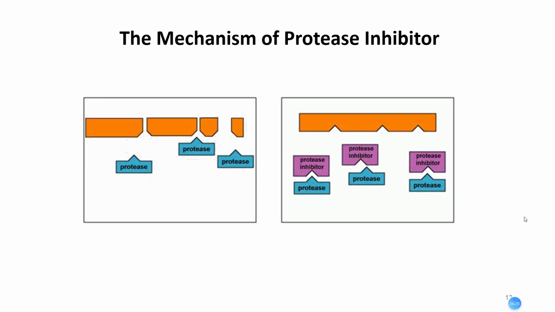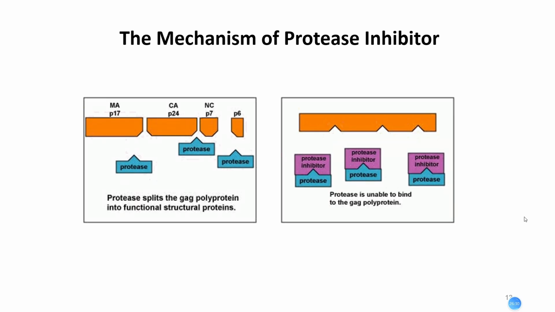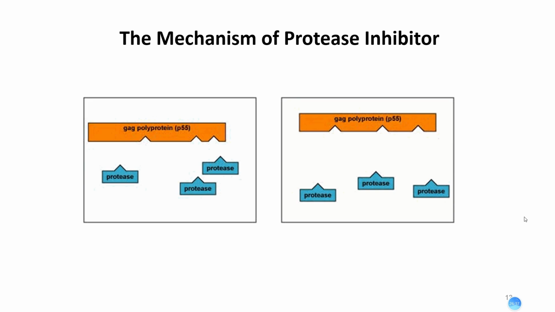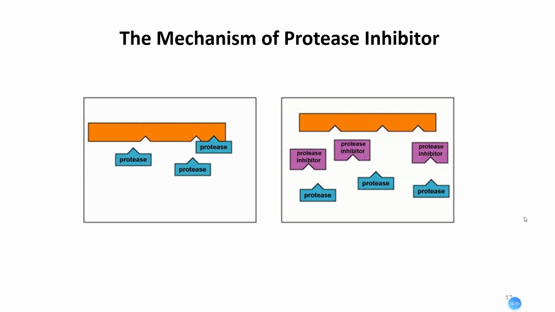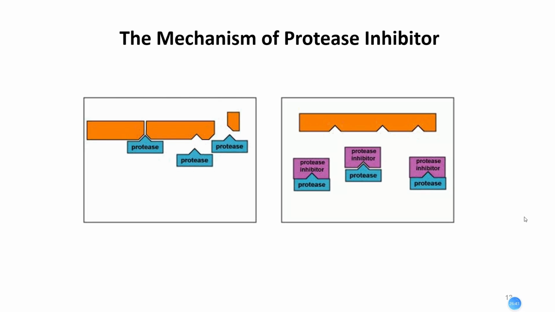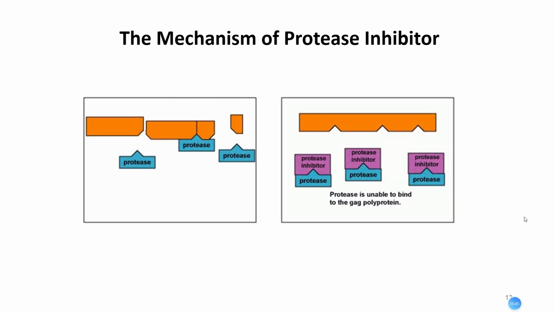let's see the name. P17, P24, P7, P6, four different proteins. And this relies on the activity of this protease. And this protease is also encoded in the HIV genome.